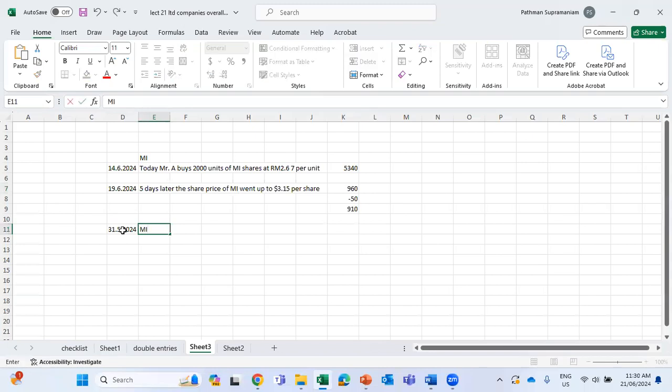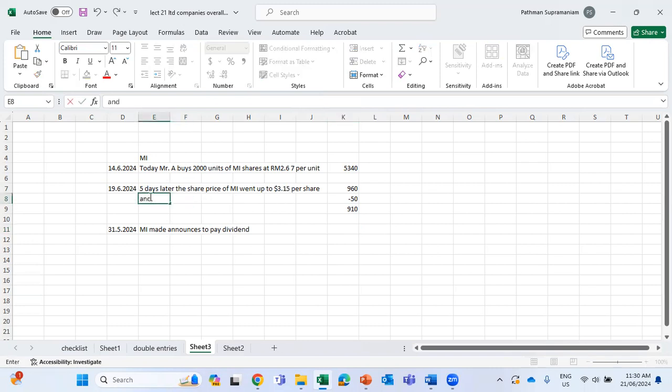MI made an announcement to pay dividend. My question to you is, will Mr. A get the dividend or not? He bought 2,000 units, he sold 2,000 units, right?